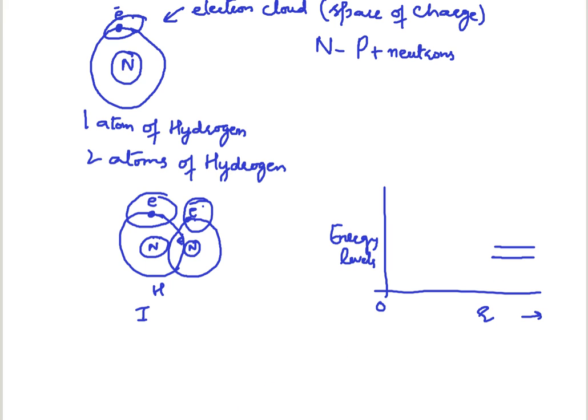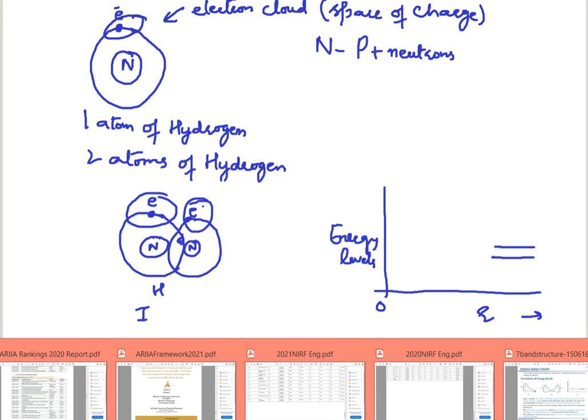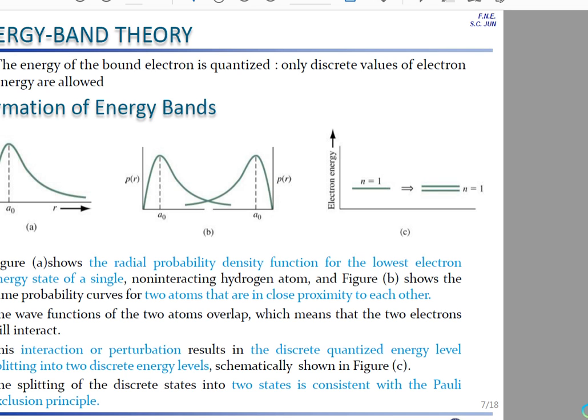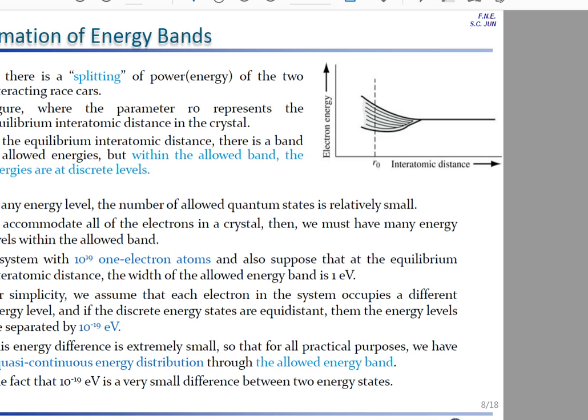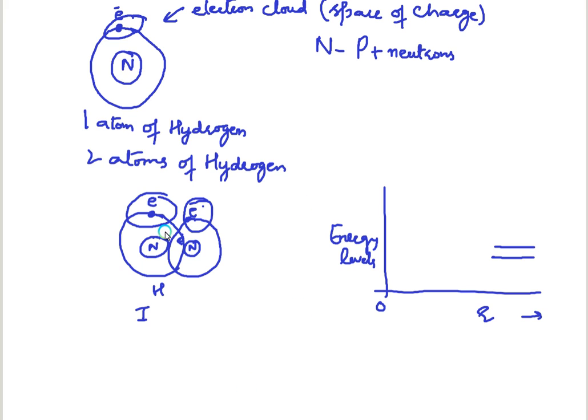Now when they have come close to one another, there is an interaction of energy between the two. First they were separate, and now when the distance has decreased, they have become single, like this. This is a single level where two electrons are interacting with one another.